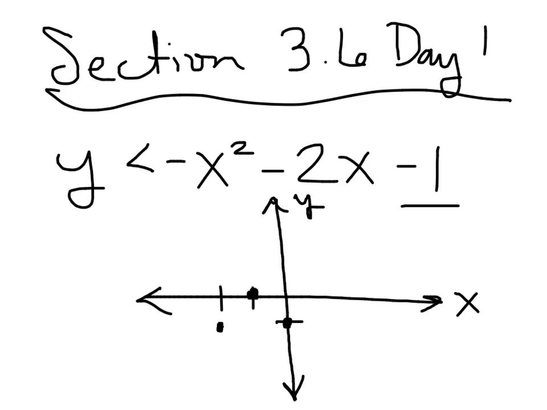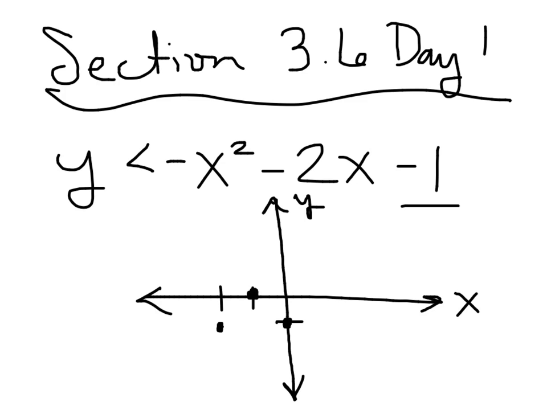Do not make a solid lined graph. Okay? A less than or greater than symbol does not mean equal to. So when you were dealing with number lines, back when you were doing inequalities with just x, do you remember the open or closed circle that you guys had?